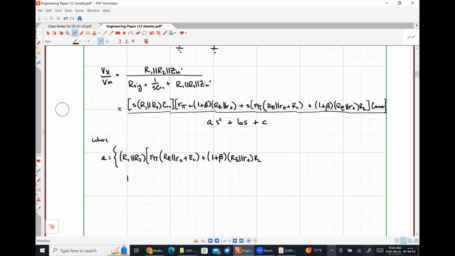And I'm coming down to the second line here because there's more to come and I won't be able to fit it all on one line.